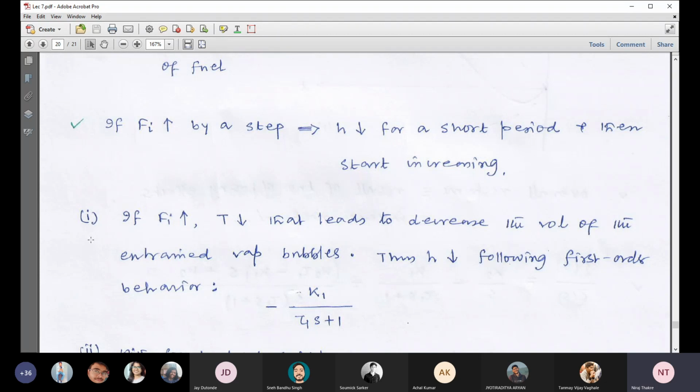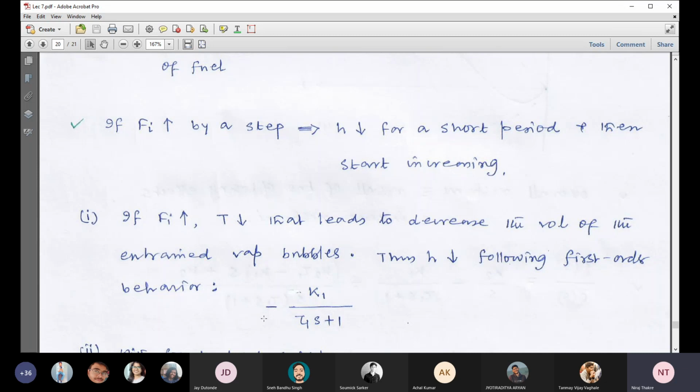And this dynamic change in liquid height in the first time duration is explained by this first order transfer function. It is seen through experimental investigation that it looks like the response of a first order transfer function, as indicated here.